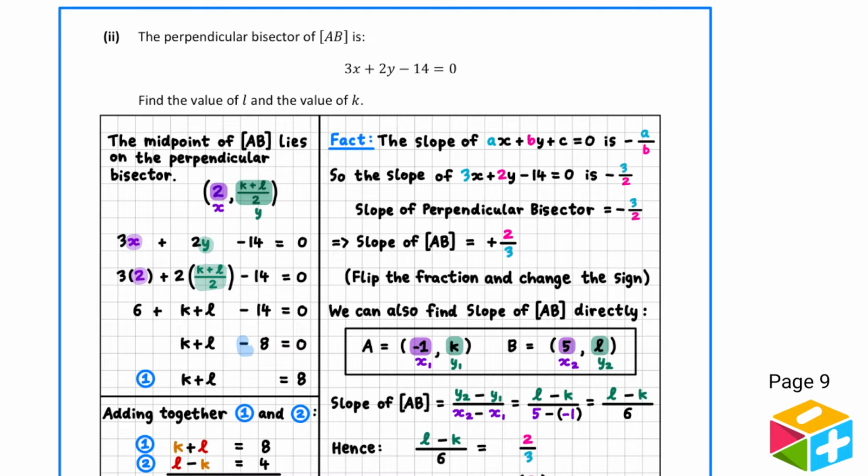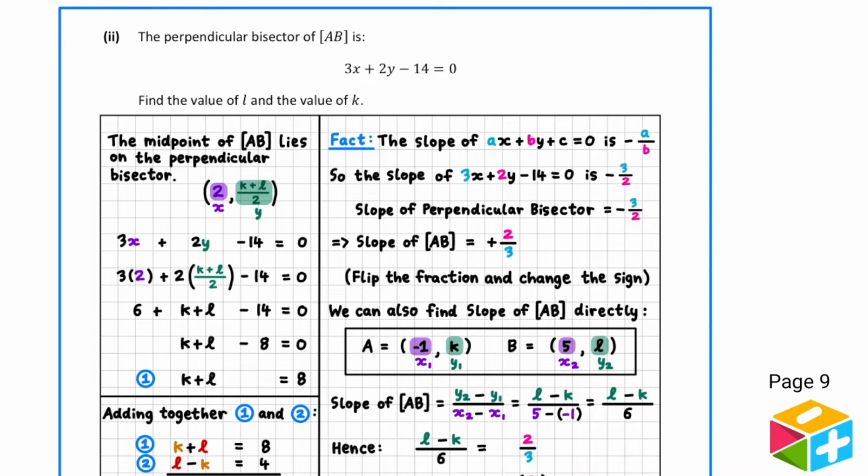And if we add 8 to both sides, we end up with k plus L is equal to 8. I'll label this equation 1. The strategy here will be to obtain a second equation in k and L, and then use simultaneous equations to solve for these variables.